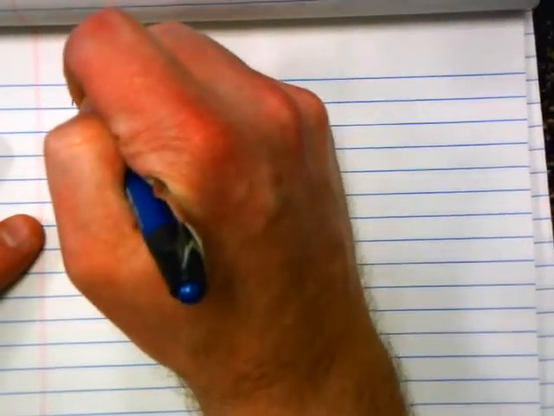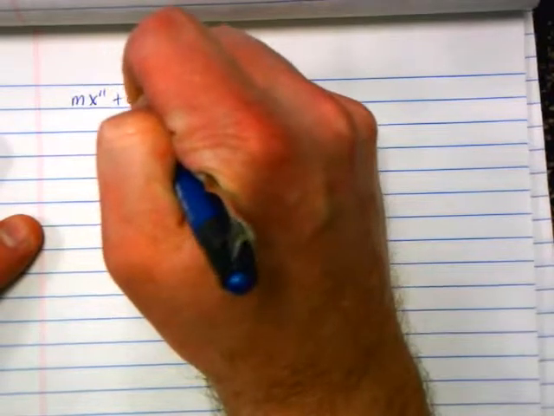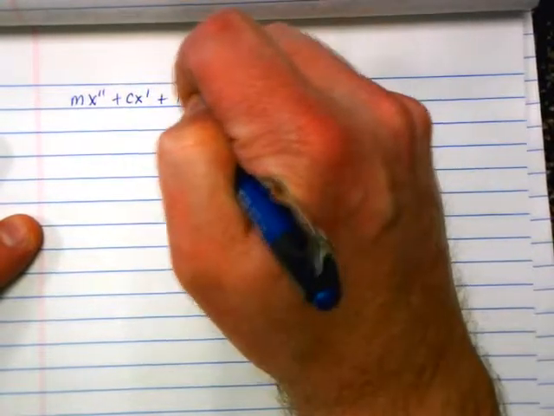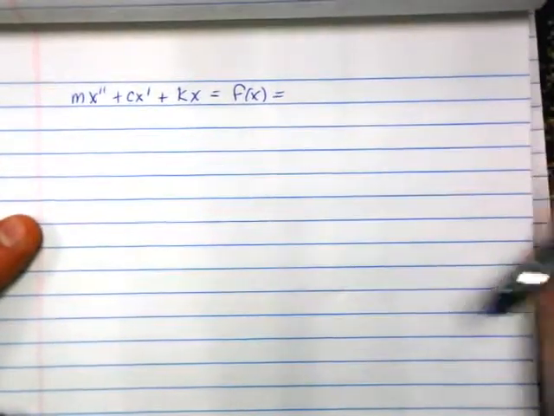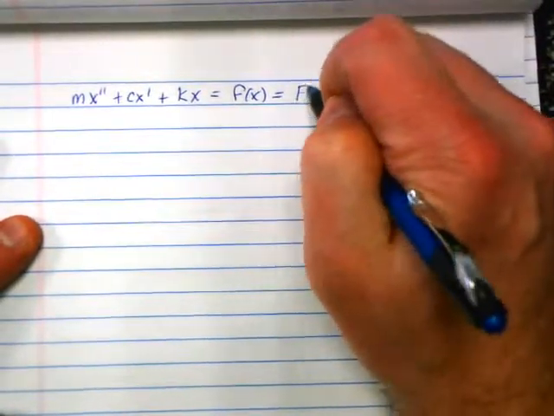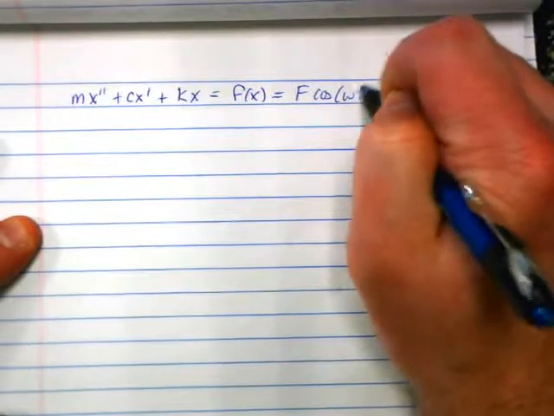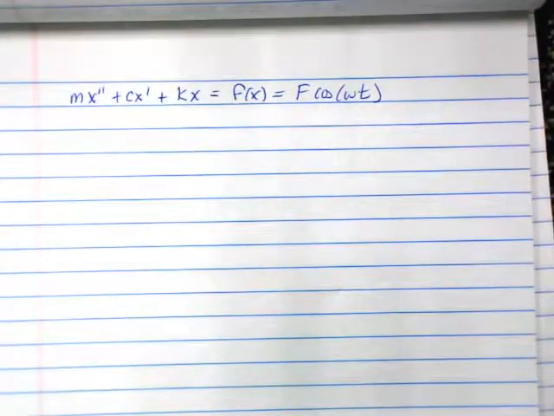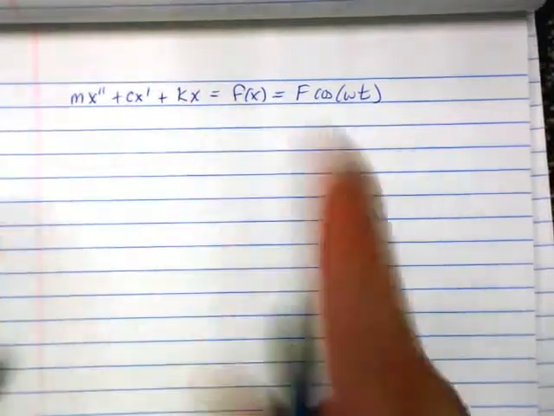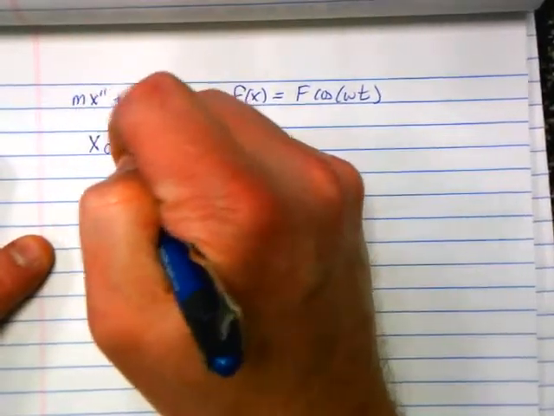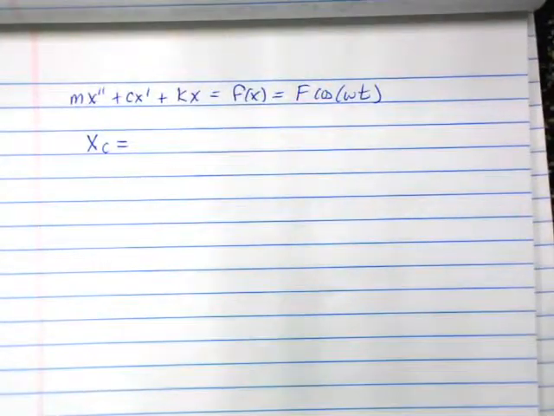Now, what happens when you have forced damped motion? And again, our force is typically going to be an oscillating force, typically cosine. What did we discover about the complementary solution?